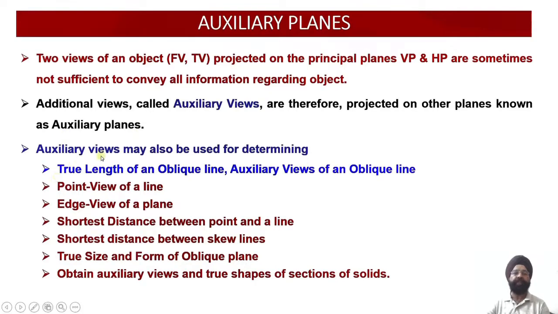So the auxiliary views are used in engineering graphics for determining the true length of an oblique line and also determining the auxiliary views of an oblique line. Other applications of the auxiliary views include evaluating the point view of a line, evaluating the edge view of a plane, evaluating the shortest distance between a point and a line, and working out the shortest distance between skew lines.